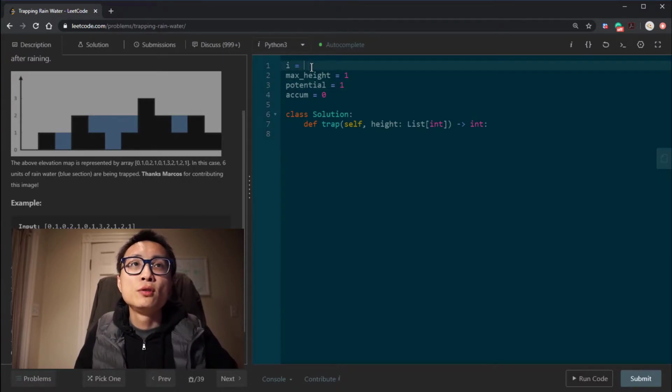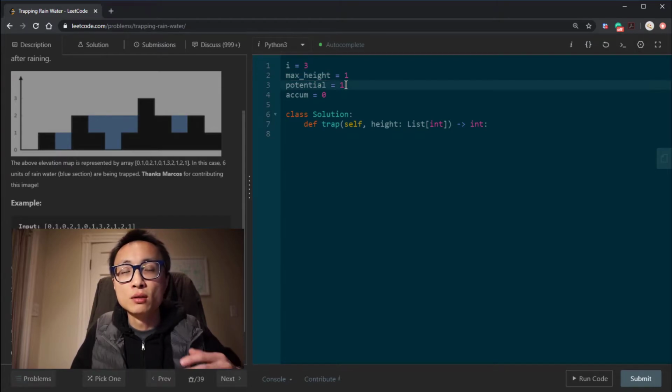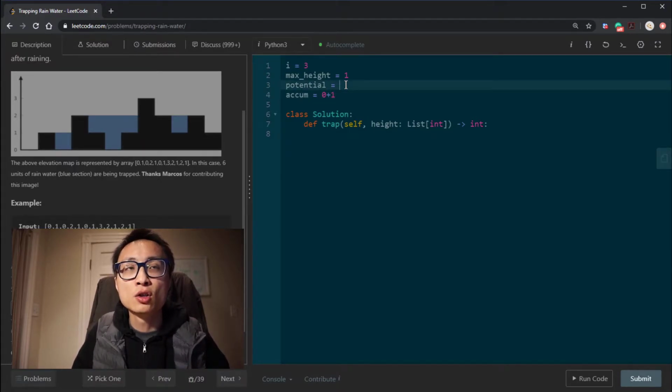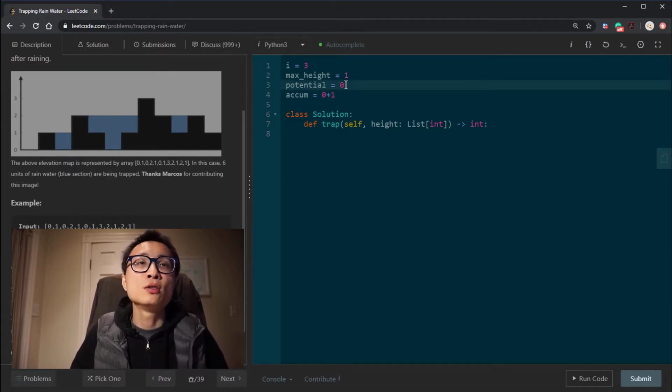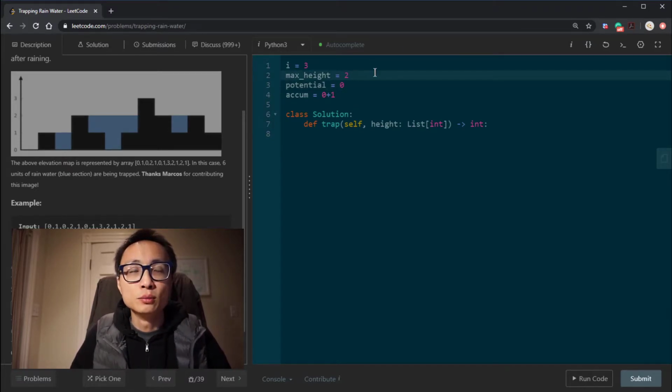After that, we move to location 3. That location has a height of 2, which is larger than the previous maximum height. So the amount of water that we thought was potential can now be realized. We move that onto the accumulator and reset the potential, because now we are looking at the maximum height of 2.